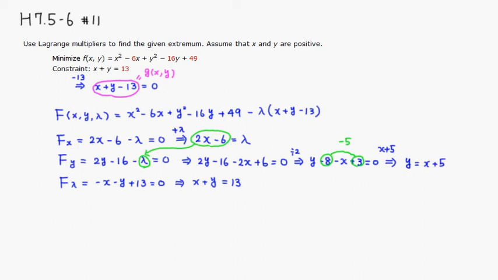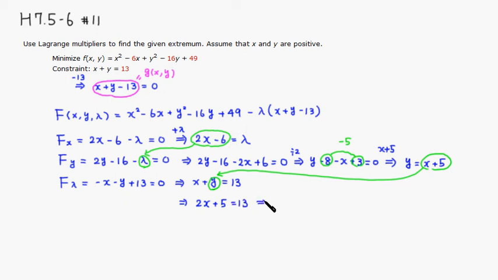Then we can plug this into the third equation. You have x plus x, so 2x plus 5 is equal to 13.